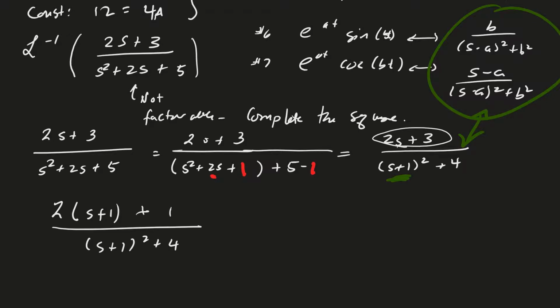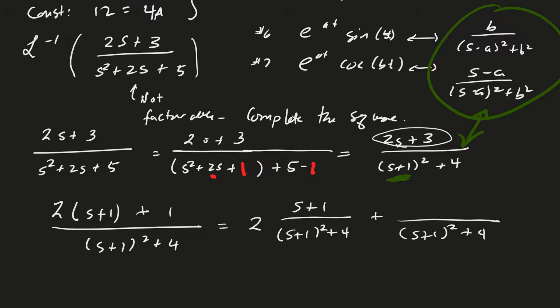And so now I think I'm ready to write that out as 2 times s plus 1 divided by s plus 1 squared plus 4 plus, now what do I need in my numerator over here to make this work?